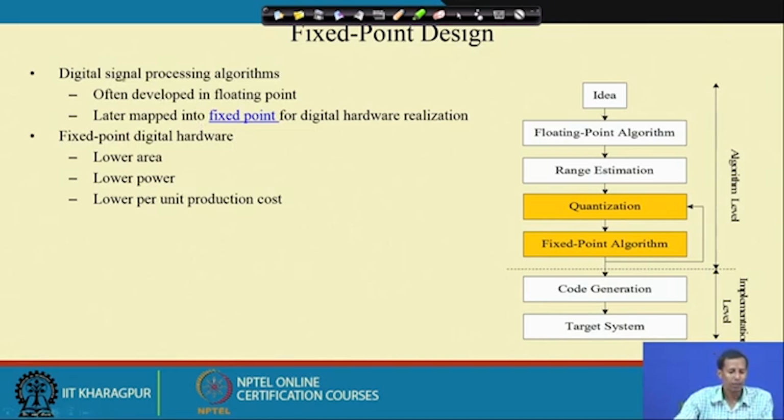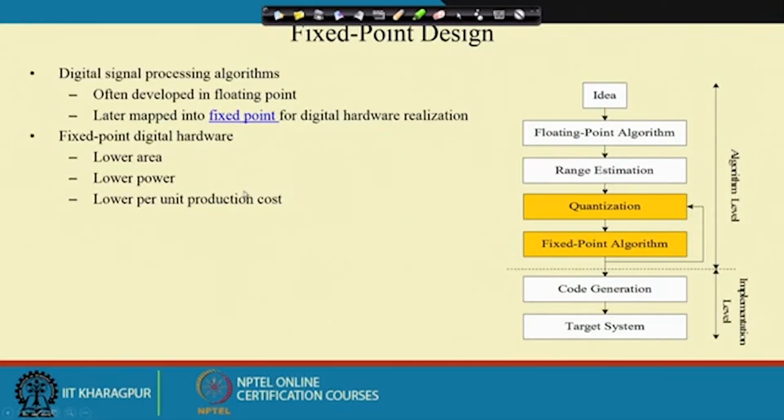Mostly the digital signal processing algorithms are developed in the floating point domain. Later they are mapped into fixed point for digital hardware realization. Why do I need this fixed point digital hardware?